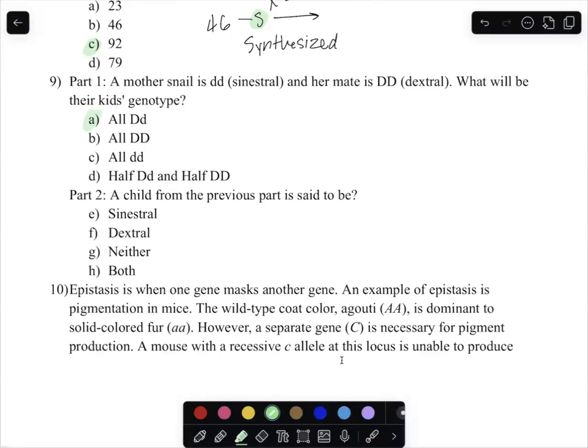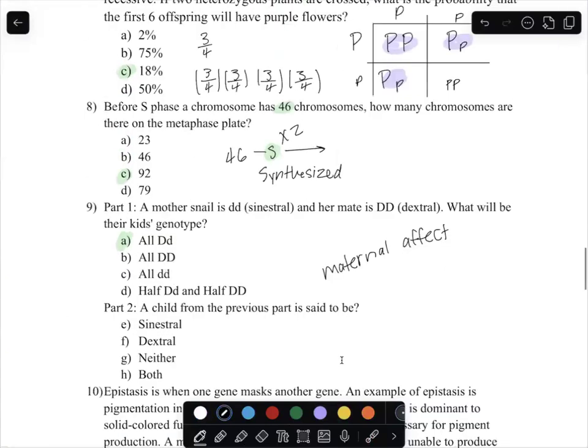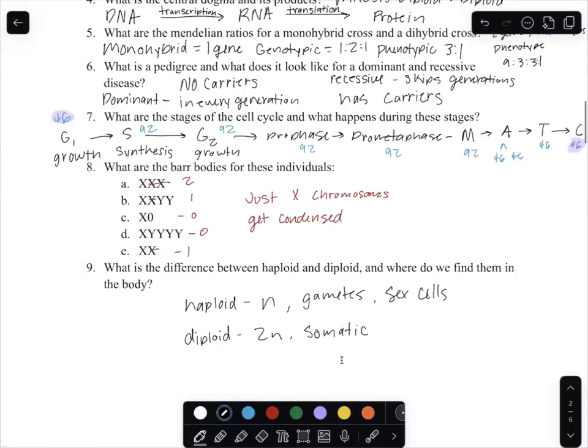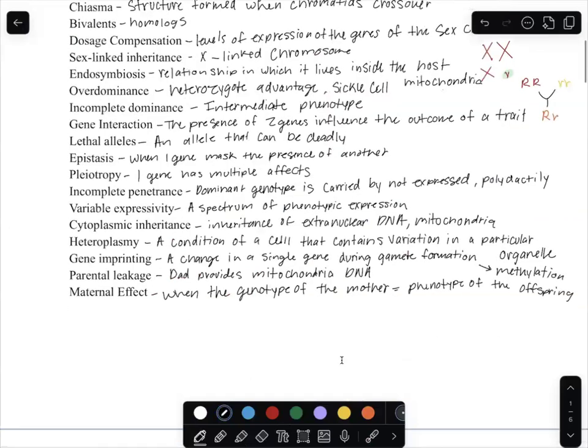And then a child from the previous part is said to be, will it be sinistral or dextral? So the answer to this has to do with the maternal effect that we talked about up here, right here. So the genotype of the mother is the phenotype of the offspring.